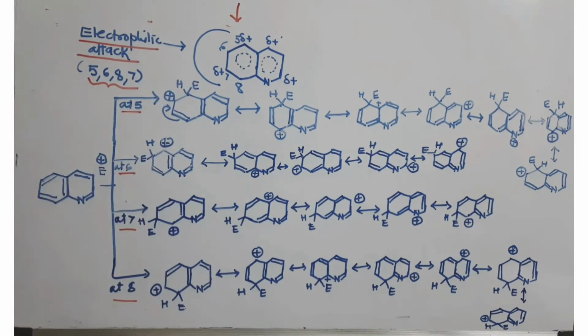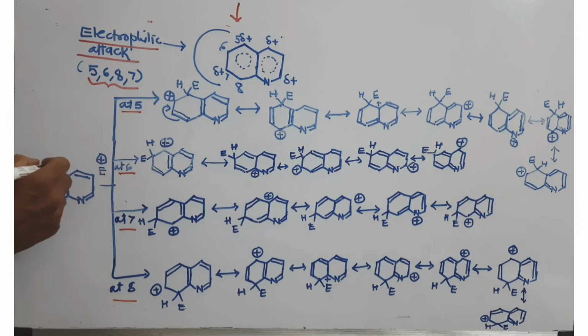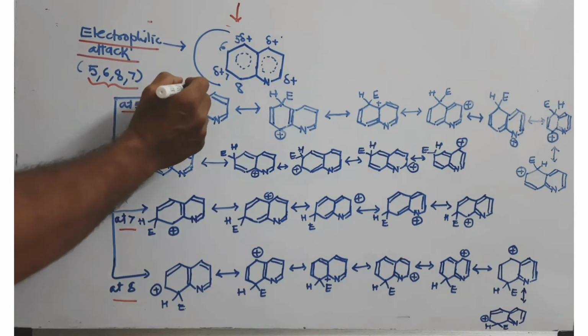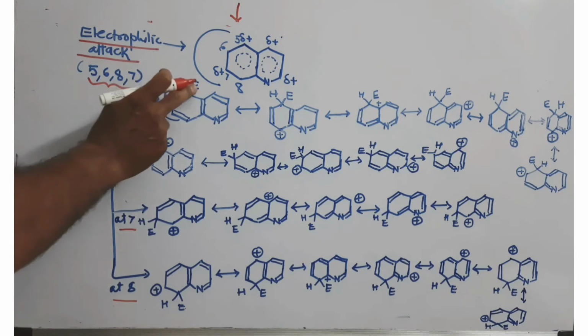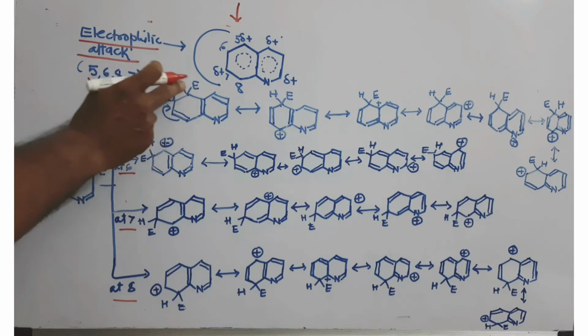Now see here, I have considered attack at carbon number 5. The electrophile is electron deficient, so I have to remove this pi bond outside at the 5th carbon. One hydrogen is already there, so I write hydrogen there.